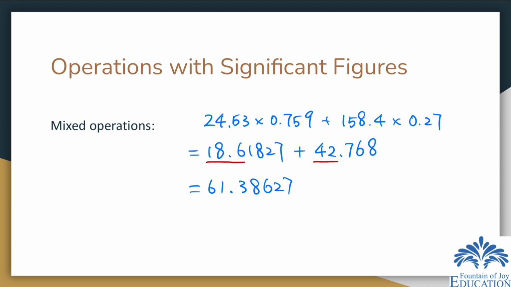So therefore, we will round our final answer only to the unit place. And in this case, that gives us the answer 61. Okay. Hopefully, this example shows you how mixed operations with significant figures work.